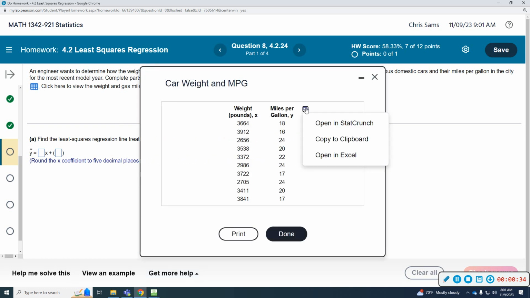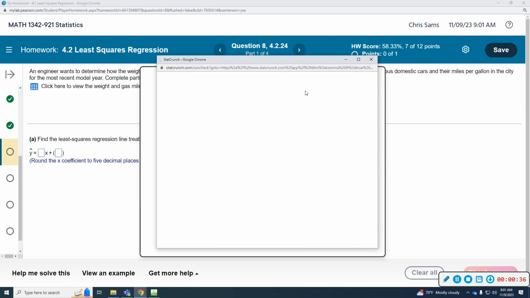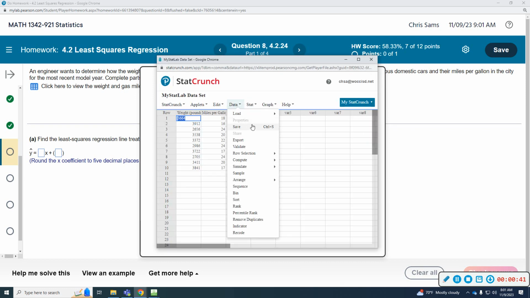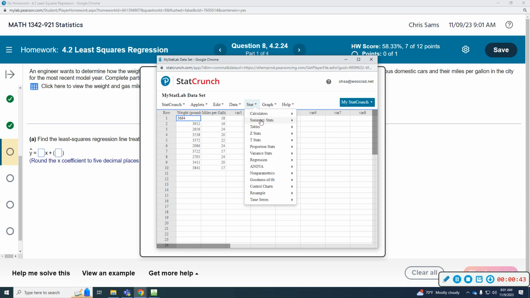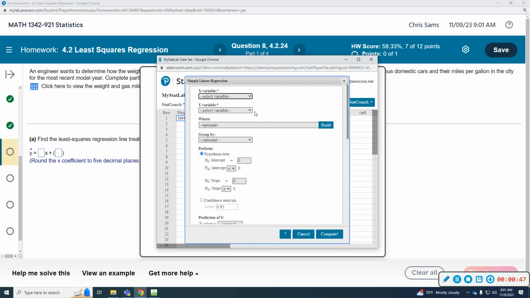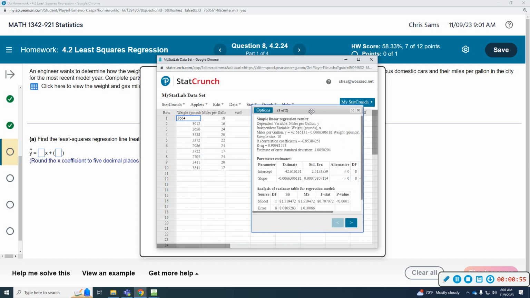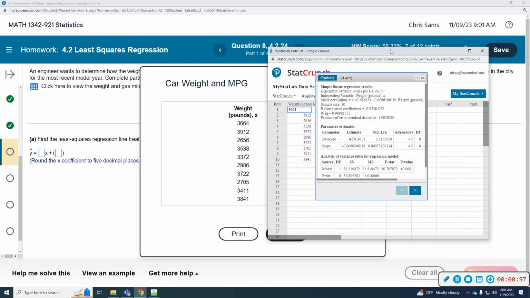Okay, so I'll go ahead and do this one in StatCrunch. So go to Stat, and we want to go to Regression and Simple Linear. It said the weight was X and the miles per gallon was Y, and then we have it compute, and then we get this little output.